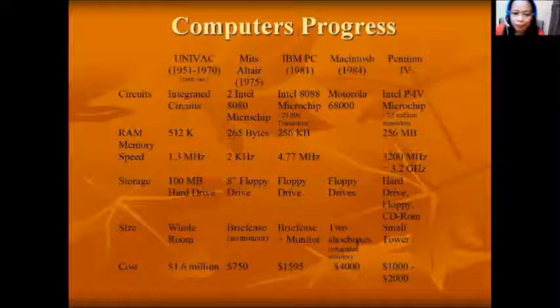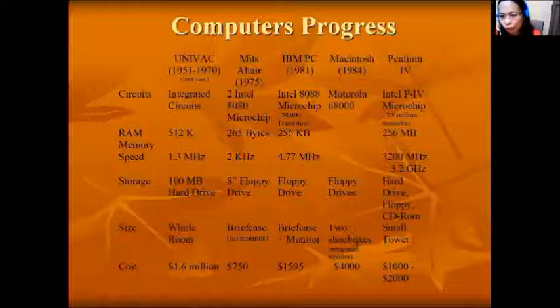Okay? And then the size: the Univac is the whole room, the MITS Altair a briefcase, no monitor. And then the IBM PC, briefcase plus monitor. The Macintosh, 2 shoeboxes. Okay? And then the Pentium 4 is a small tower. Cost: Univac is $1.6 million.